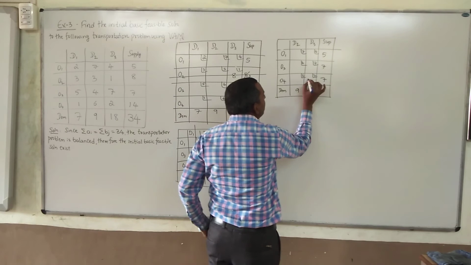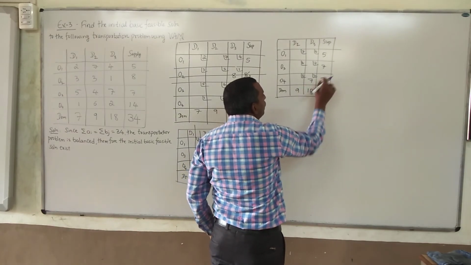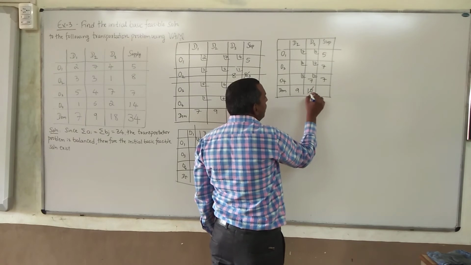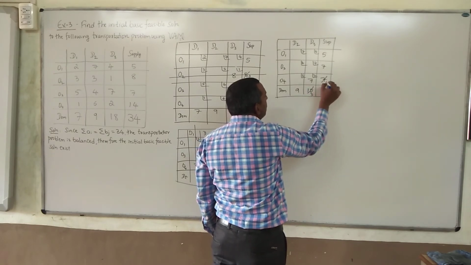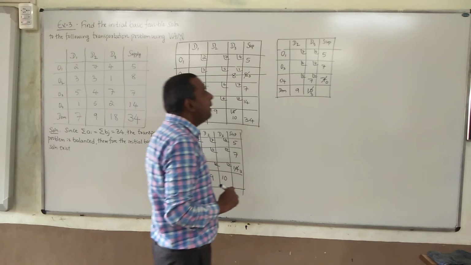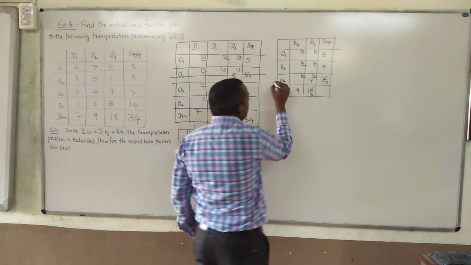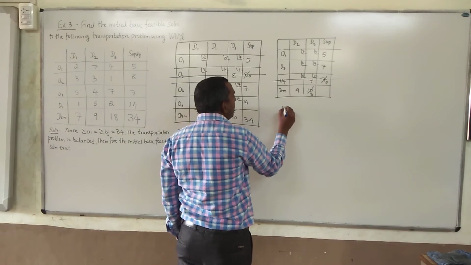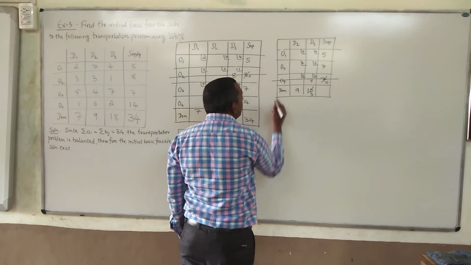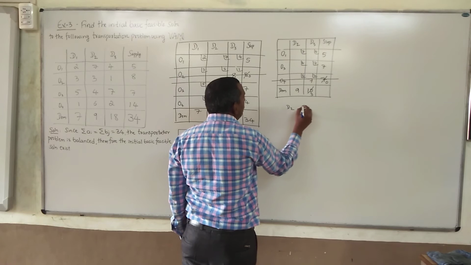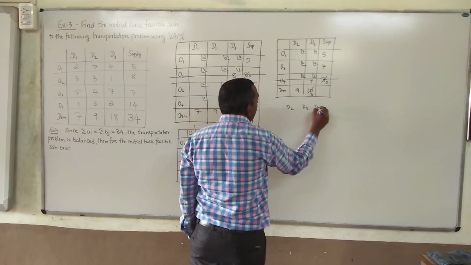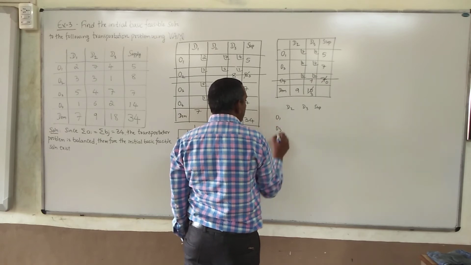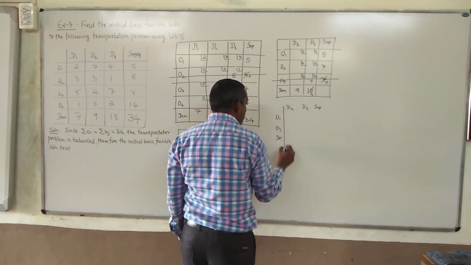So let me write 7, comparing with the magnitude. 10 minus 7 is 3, and here it is 0. So what happens here? This O4 got eliminated. The remaining is D2 and D3 followed by supply, with O1 and O3 and demand.